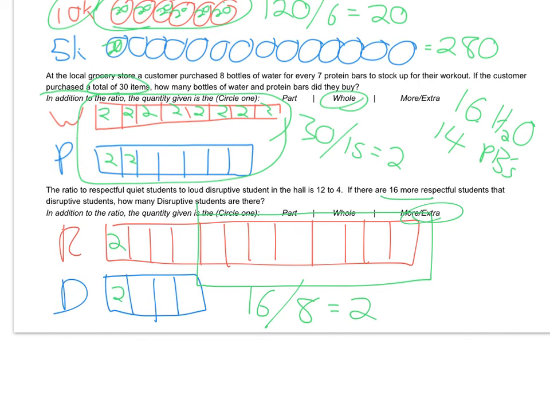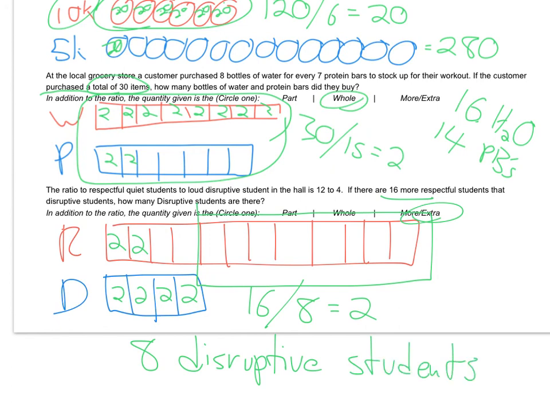So these all have 2's in them. So you can find out that there would be 8 disruptive students. All right. Hopefully those were helpful examples.